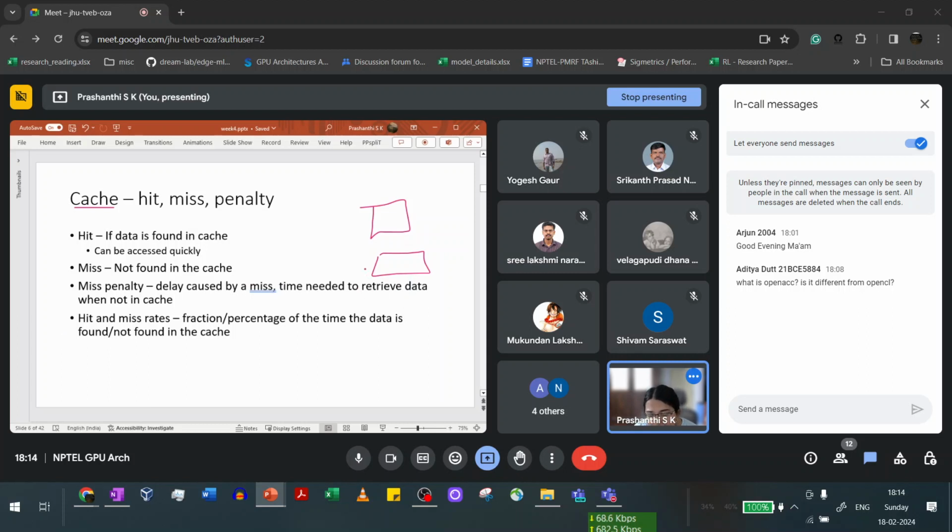All of you might have heard of L1, L2, L3, and then your main memory, right? So there are multiple levels of caching. But basically the whole idea of a cache is that it sits between your main memory and the processor, and it is smaller but faster. Main memory is of course much larger, but slower.